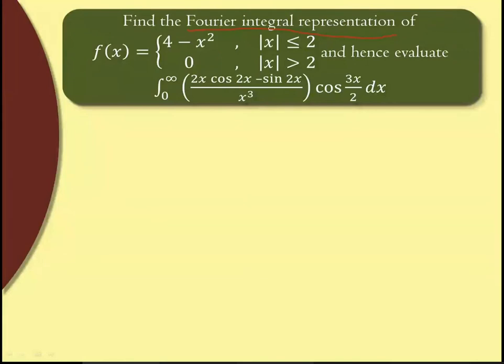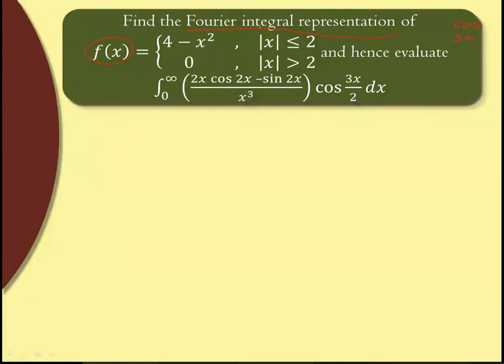So whenever it is not mentioned whether to find cosine, sine or general, check whether the function is even or odd. If it is even, use the cosine transform. If it is odd, use the sine transform. And if it is neither even nor odd, use the general Fourier transform. That is the first definition.